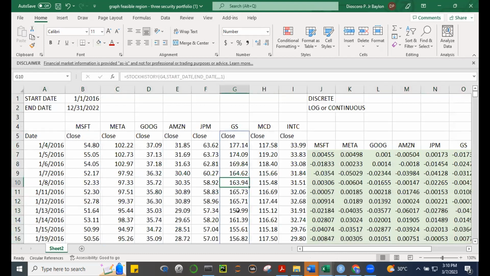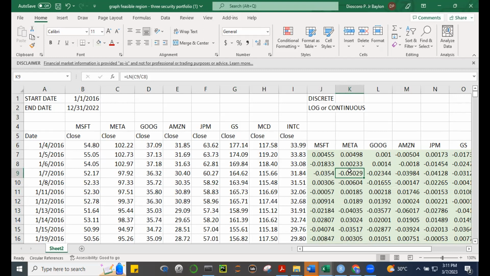Okay, so I want to ask you something, class. I mentioned a while ago that in finance, the use of continuous or log returns is preferred. Okay, what could be the reason for that? If you wanted to get the returns from the beginning of the period that we're looking at, January 4, 2016, compared to December 31, 2022, what was the log returns, class?